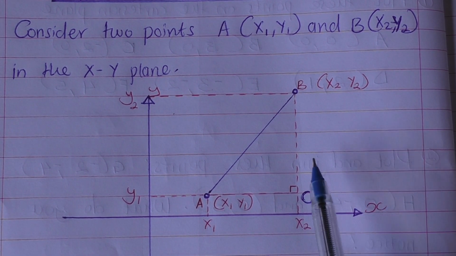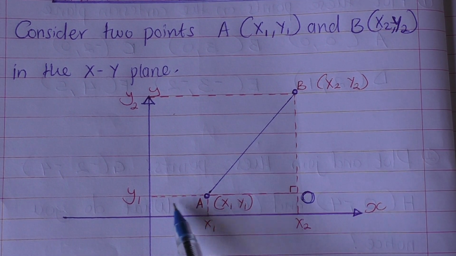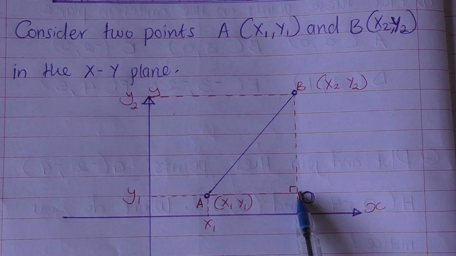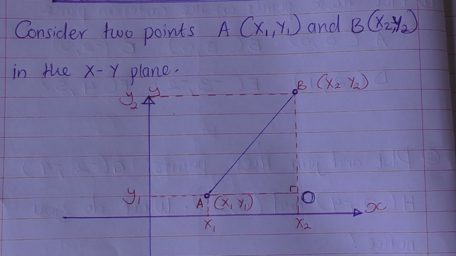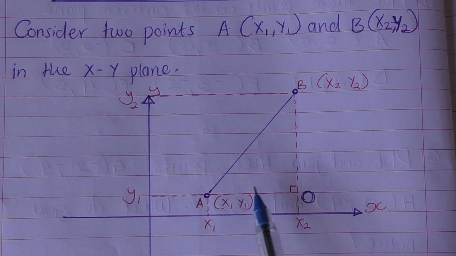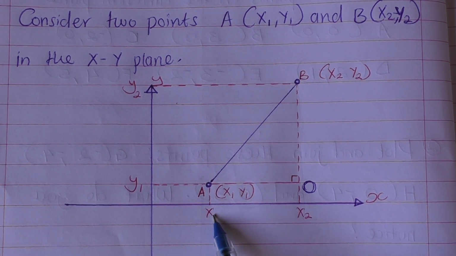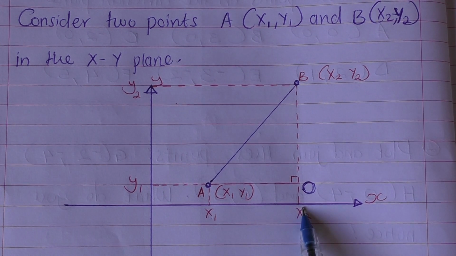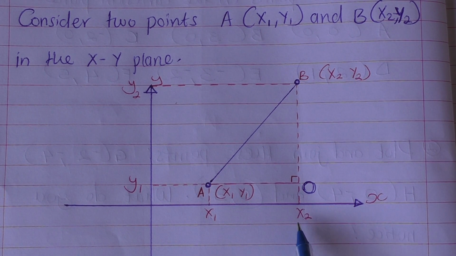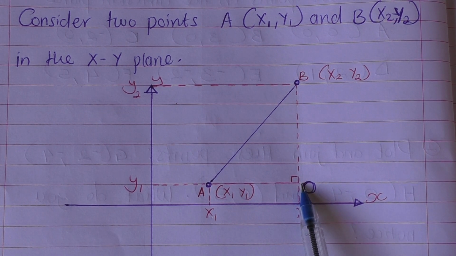So if we try to project point B and point A, the two will meet at a right angle, hence forming a right angled triangle. And if this is our right angled triangle, then since this is x1 and this is x2, we know this distance, the base, is x2 minus x1, and the same applies to the height.